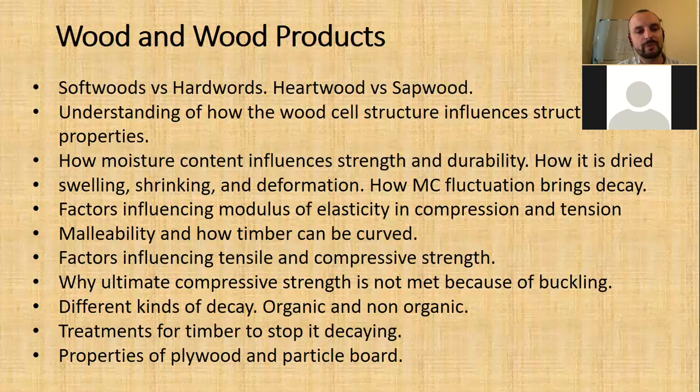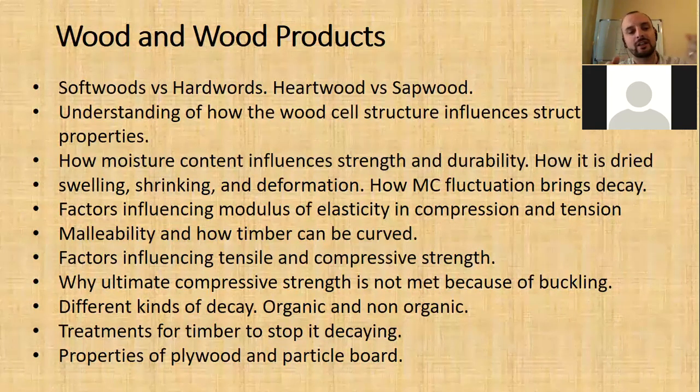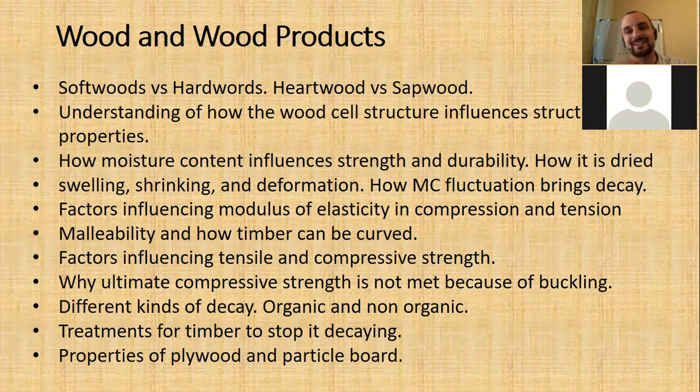We also talked about malleability, which is basically how much you can bend wood. The way we can improve that is by increasing the moisture content, and it will then be able to bend further. Then you dry it out and it will stay in its bent shape.